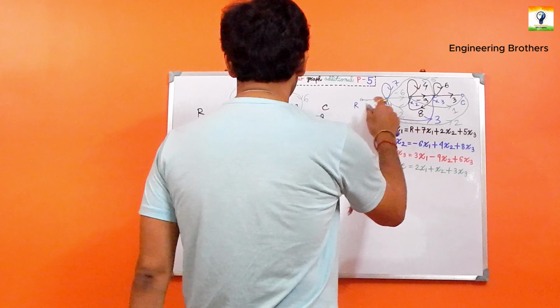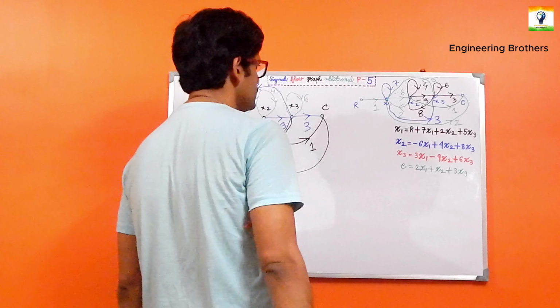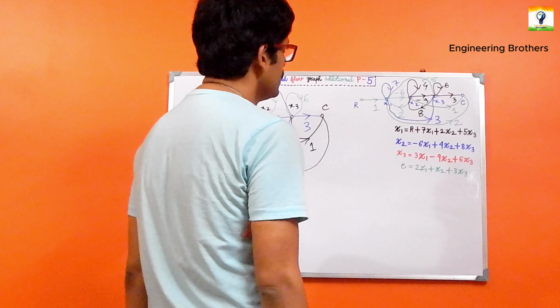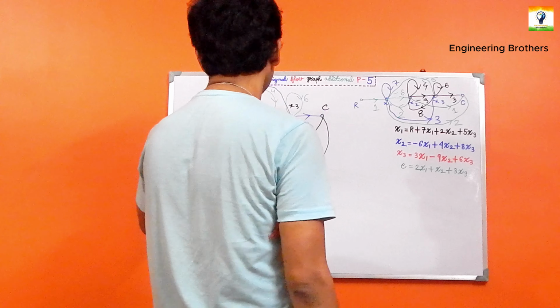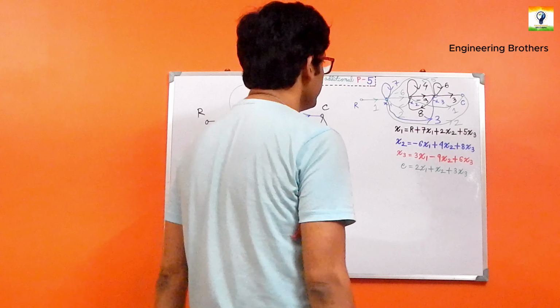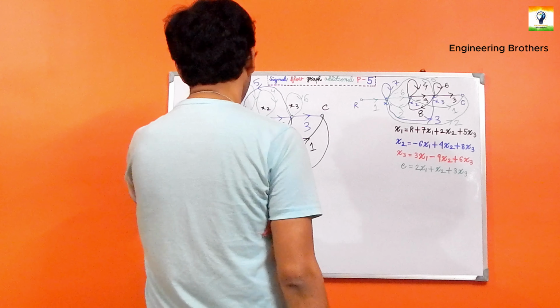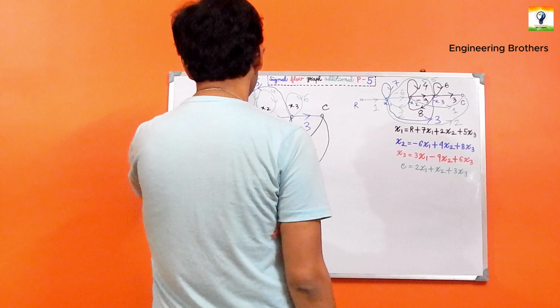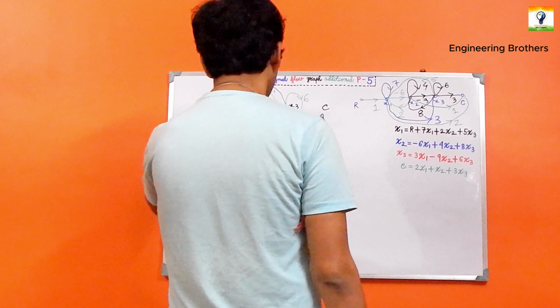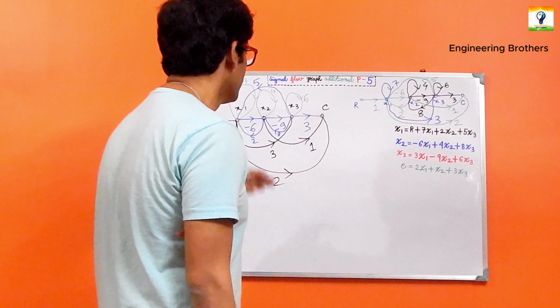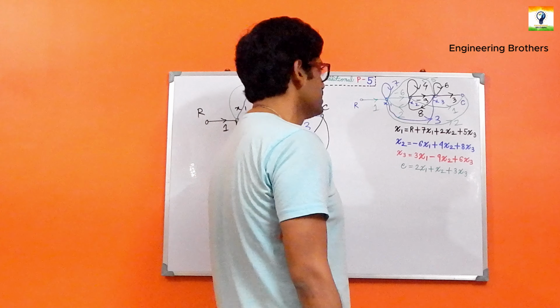In between our x2 and x1, we have got the gain as 2. In between our x3 and x1, we have got the feedback gain as 5. We have got the self loop at the node x1, and the gain for that one will be 7. For our x2, that one will be 4. For our x3, that one will be 6.